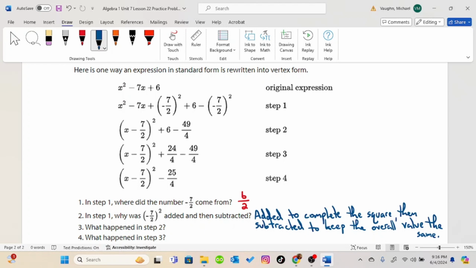Because if you add an amount and then subtract that same amount, you're really not changing the value. They cancel each other out.